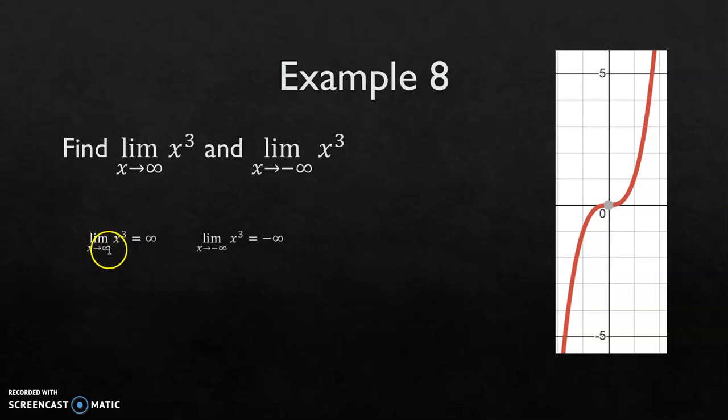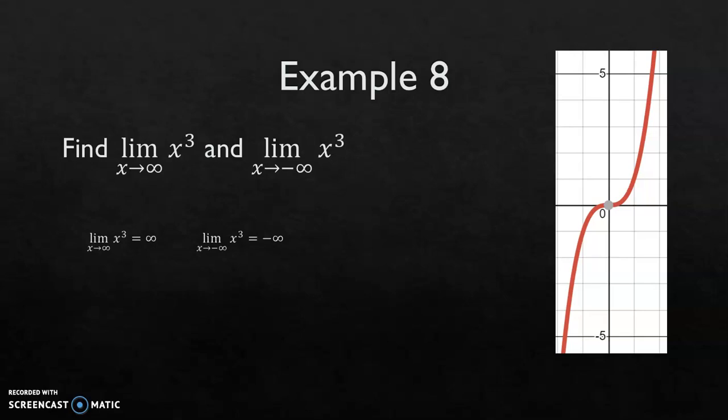As x approaches positive infinity, x cubed approaches infinity. As x approaches negative infinity, x cubed is negative infinity. Now please note, infinity is not a number, it is a concept. So we have to be really careful when we try and do operations with infinity.